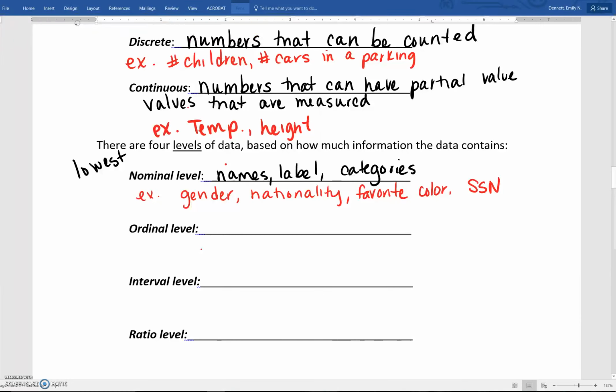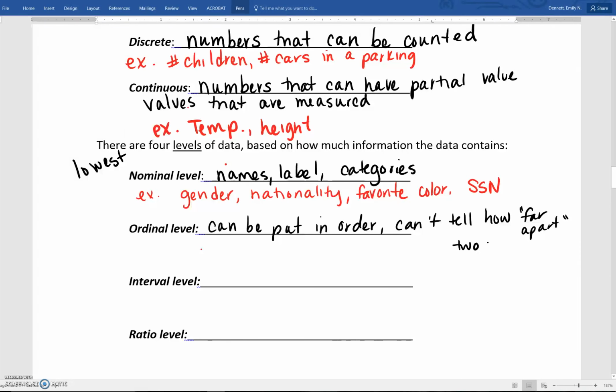Now the next level is called the ordinal level. In this level we can rank things. Ordinal level data can be put in order, but you can't tell how far apart two things are. This is higher than nominal because you can rank them.